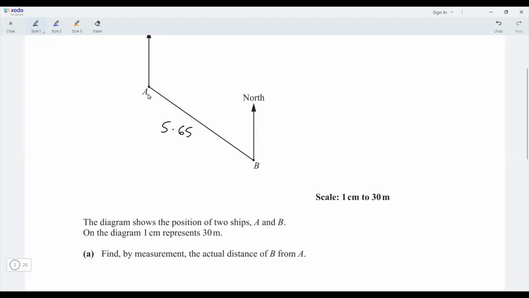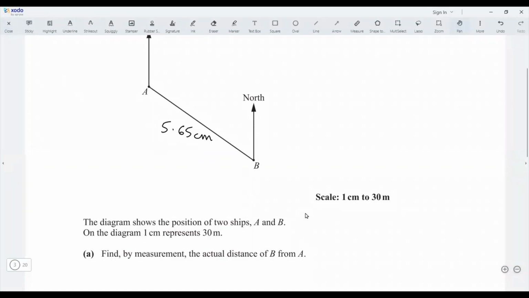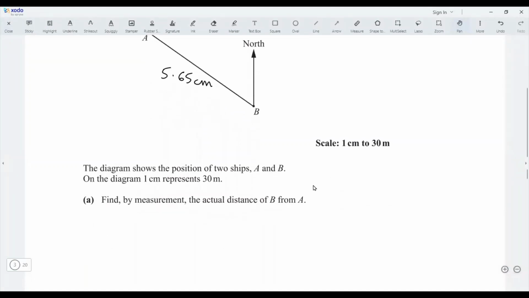So it is basically the distance on the map. It is not the actual. We have to find the actual. So how to find the actual distance? For finding the actual distance, we have to do the ratio method, map ratio to the actual. So we know the scale. We can write down under map it's 1 centimeter and on actual it is 30 meters.